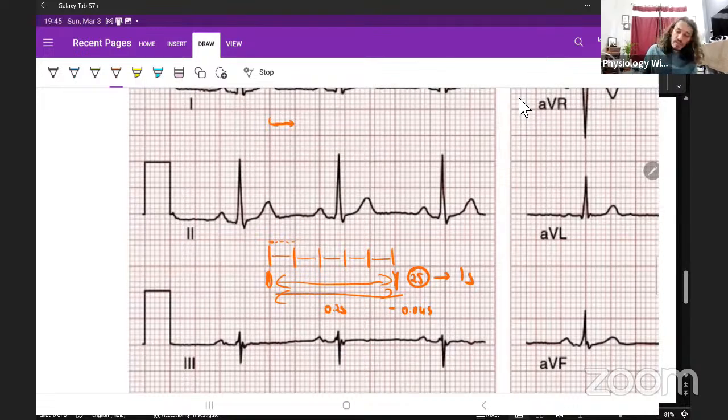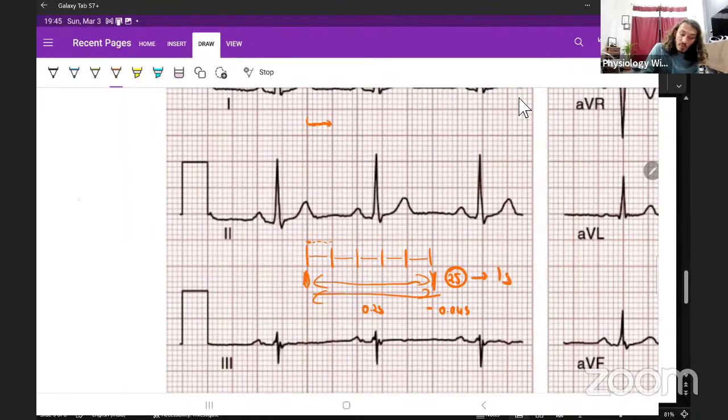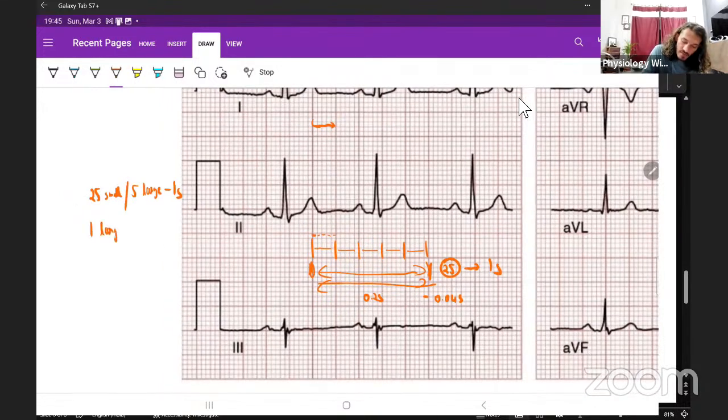So these values I want you to remember. 25 small divisions or 5 large divisions make up 1 second. One large box makes up 0.2 seconds. And one small box makes up 0.04 seconds.